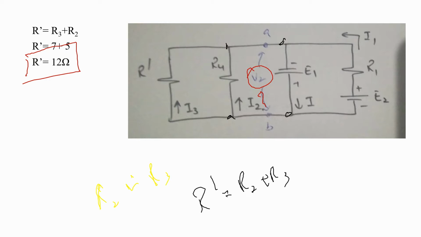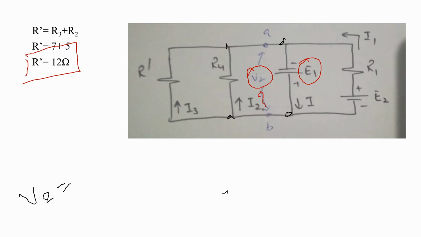We can see that V2 is parallel to E1, so we can say that V2 is equal to E1 because they both are in parallel, but the polarity of E1 applied force is opposite, so the value of V2 is equal to minus E1.